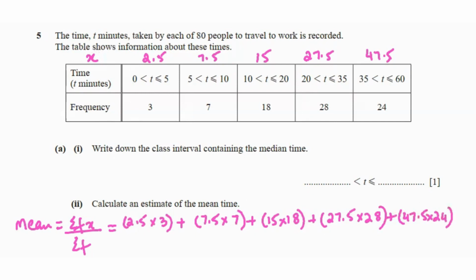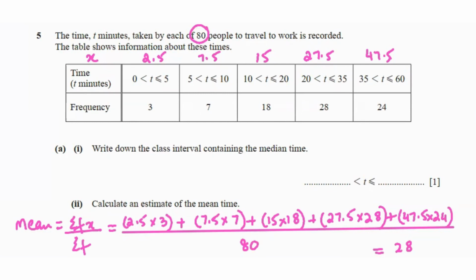And this entire thing will be divided by your sum of frequencies, which is given as 80 over here. So when you solve this, your answer is going to be 28. That is going to be your estimate of the mean time.